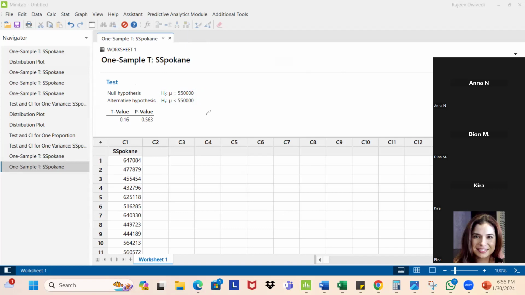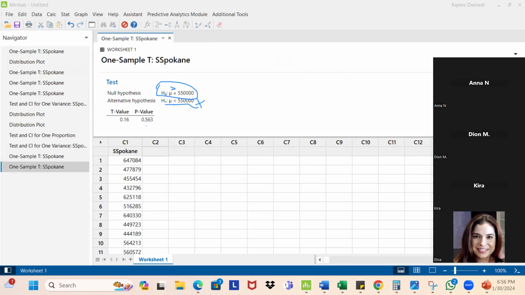Look into this, and here the p-value. So this is mu equal or greater than, and this is less than. So the p-value is coming. Basically, now we check, and this is the meaning.